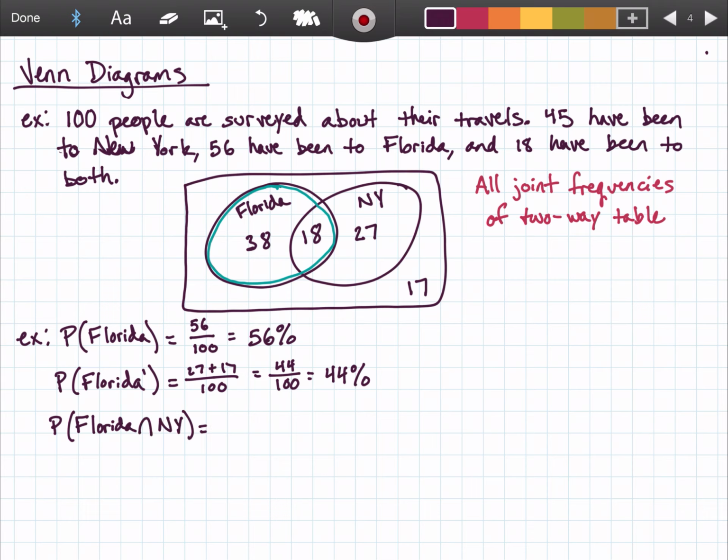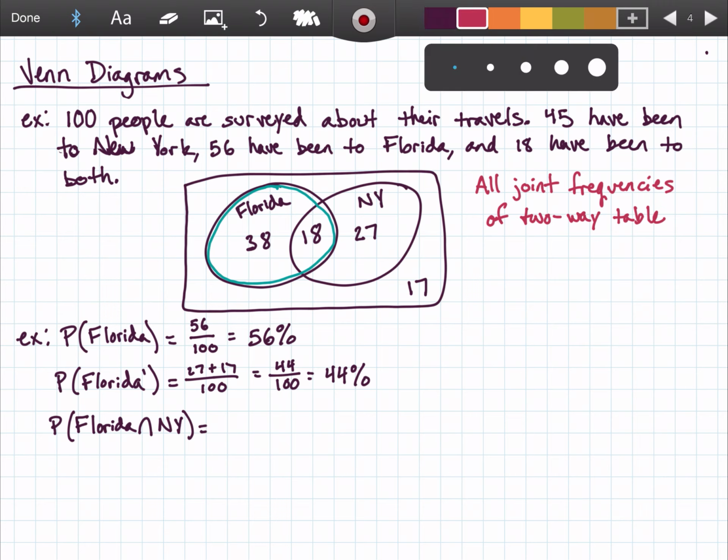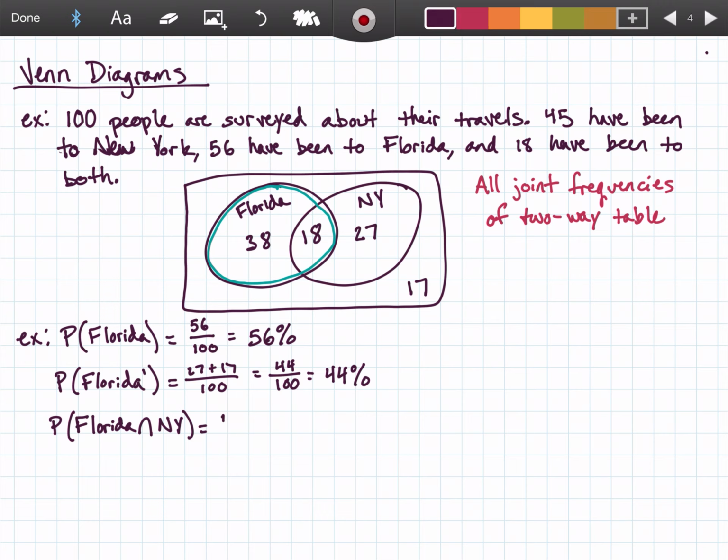The probability that you've been to Florida and New York, well, that's just going to be our section of overlap right here. And so that's going to give us 18 out of 100.